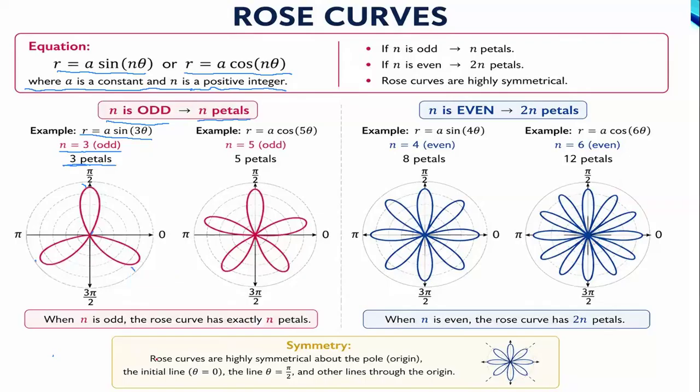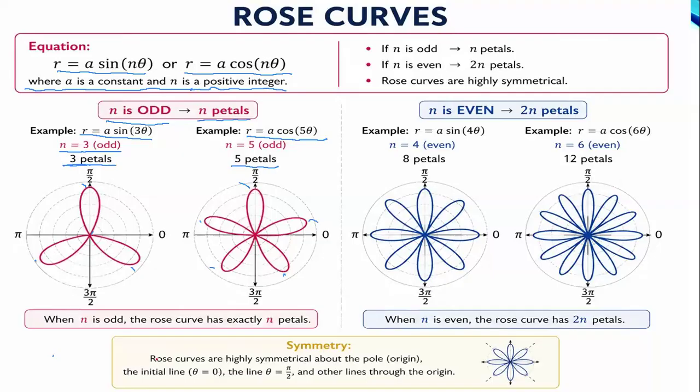And moving on to r is equal to a cos 5 theta, we have the same amount of petals here: 1, 2, 3, 4, 5, equal distance apart from each other. And there's a note that says, when n is odd, the rose curve has exactly n petals.